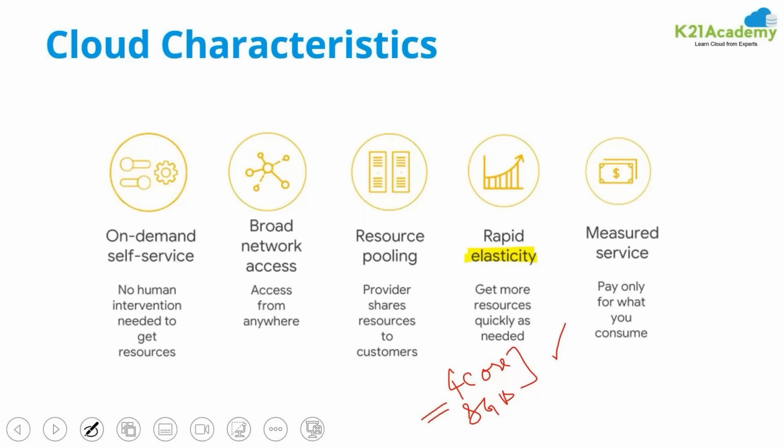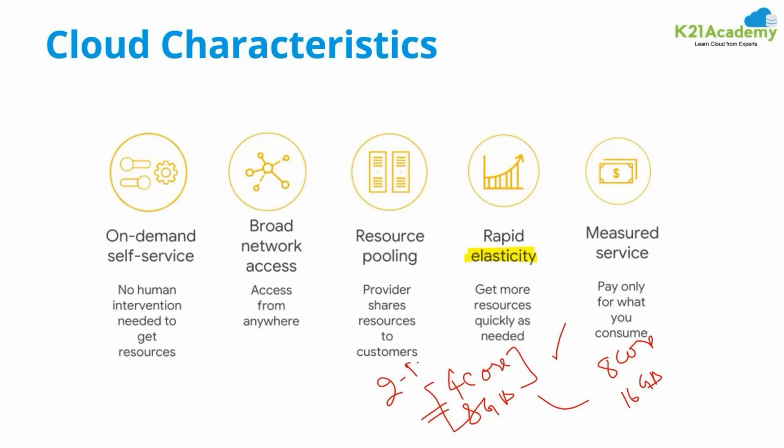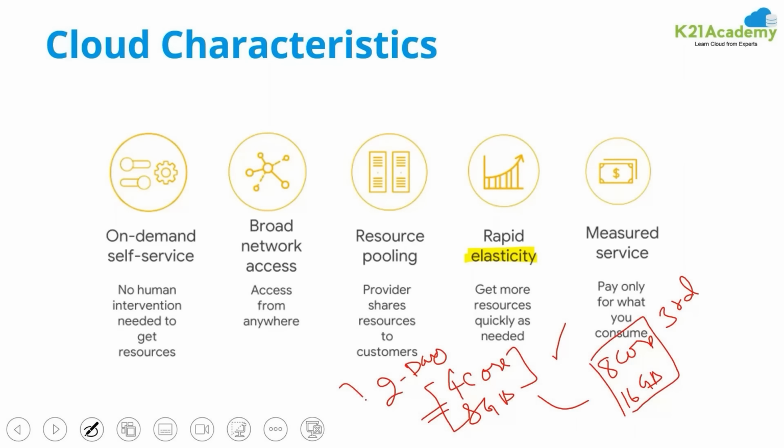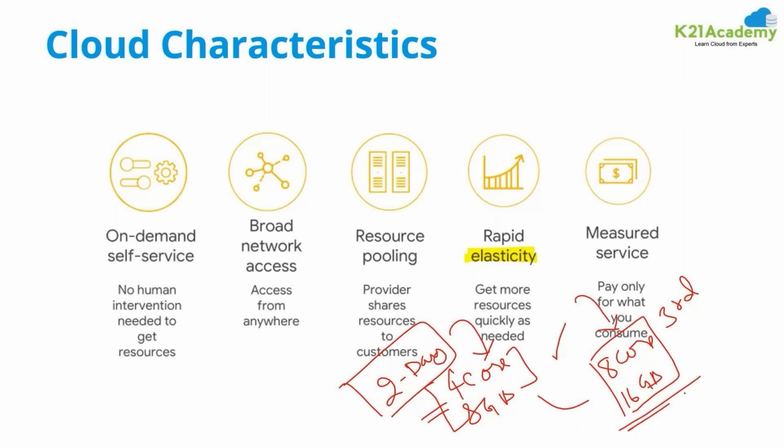You can enhance your server to 8 core with 16 GB RAM. You have used this server for 2 days, and from the third day you enhanced your server to 8 core. So you will be paying for 2 days for the first configuration, and then from the third day onwards you will start paying rent for the upgraded server.